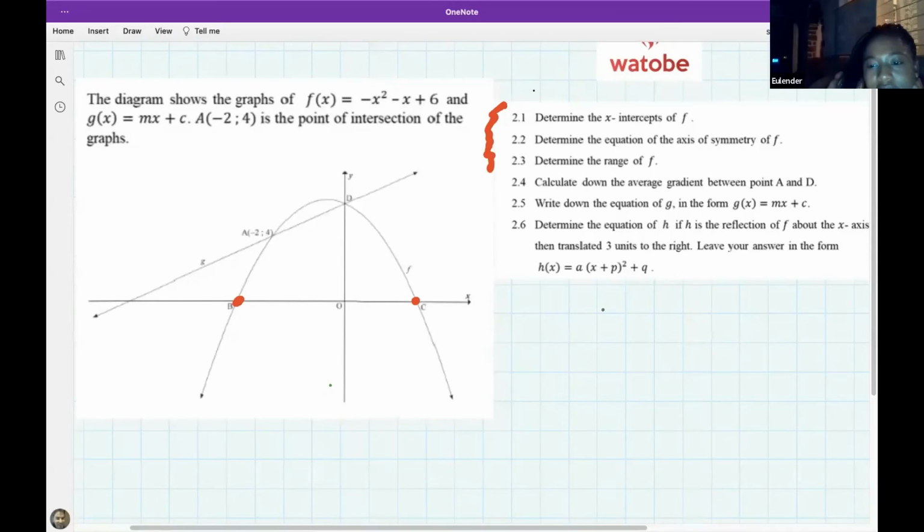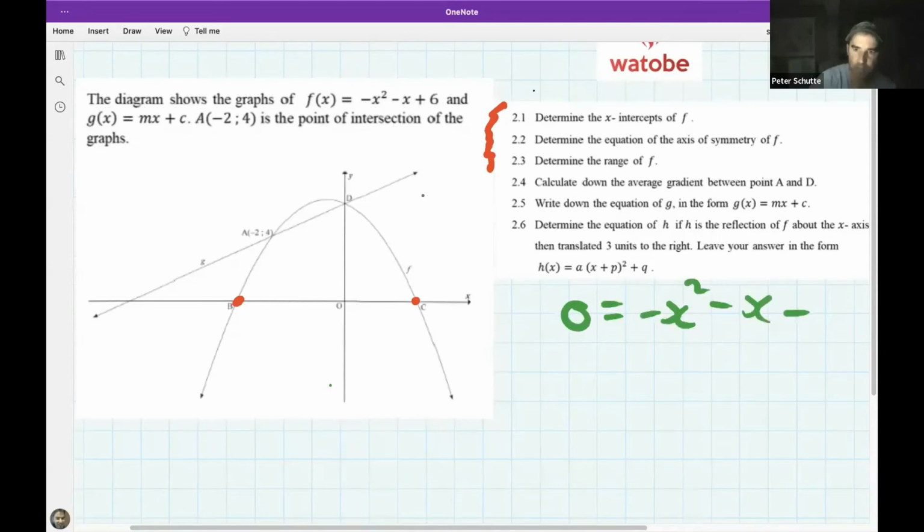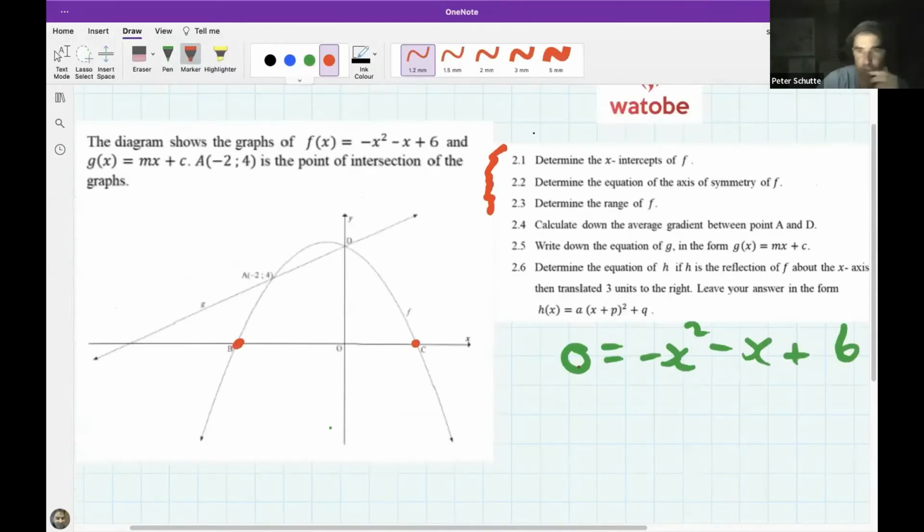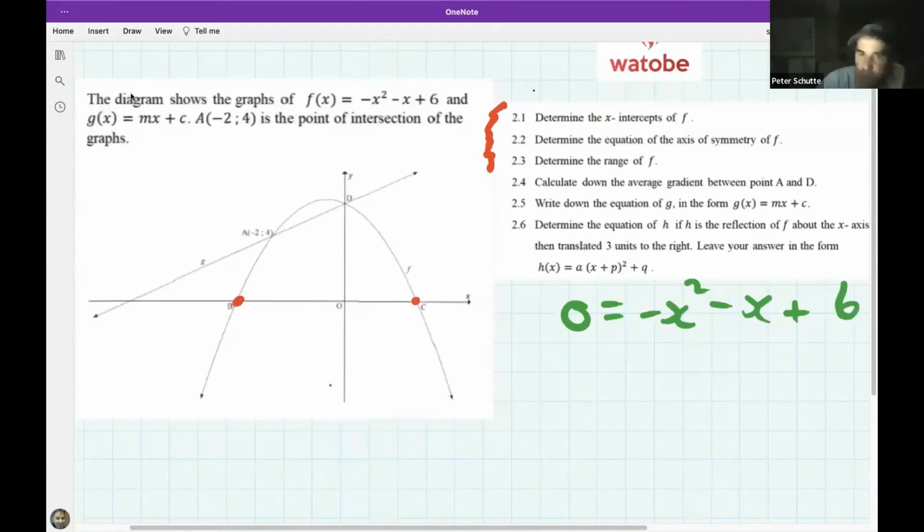Basically, to find the x-intercepts, you have that equation. So for 2.1, you need to solve that equation, and what do you get? You can solve it, you can move it around, you can use the formula, doesn't matter. Keep those answers coming.